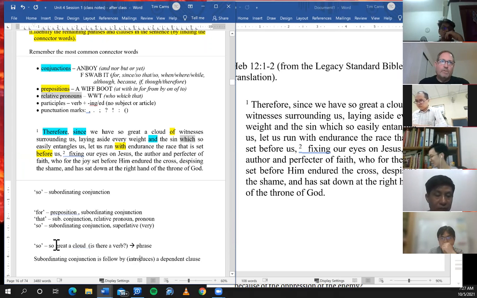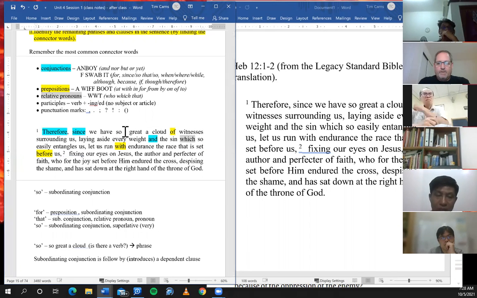So in this case, the word so is not functioning like a conjunction. It's actually functioning like a superlative. It's just saying we have a very great cloud of witnesses, a large one. So think of the idea of very. That's really what is being given here.